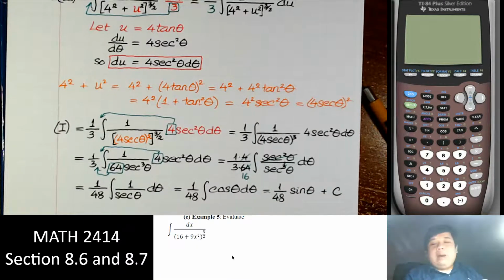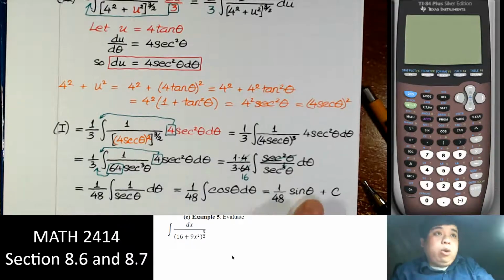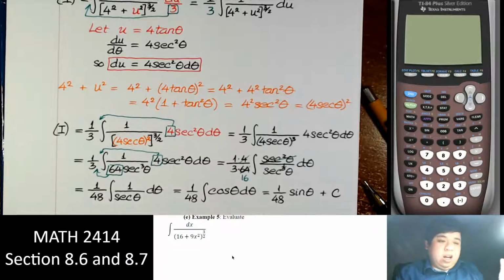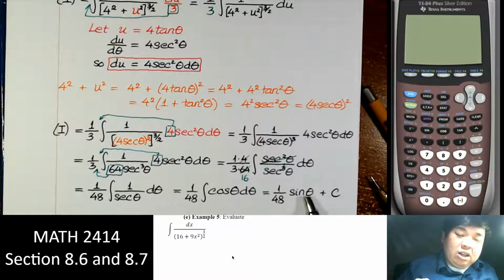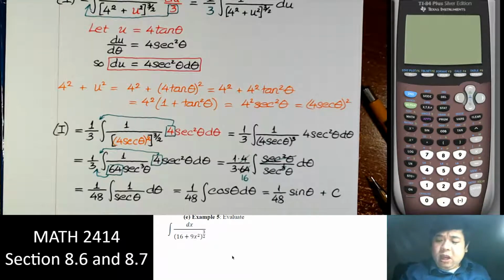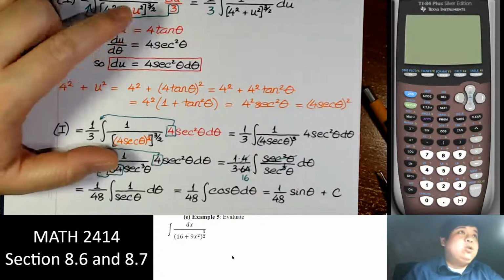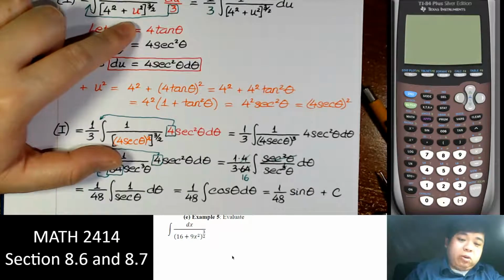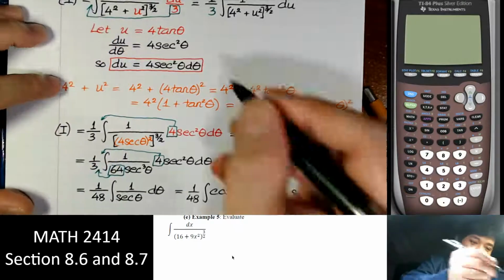Right, so it's not that bad. Now, all we need to do is rewrite this in terms of u, or at least, of course, later on we turn that into x. So rewrite this sine theta, and for that, I'll always go back to this, and we solve for theta. Or make a triangle.